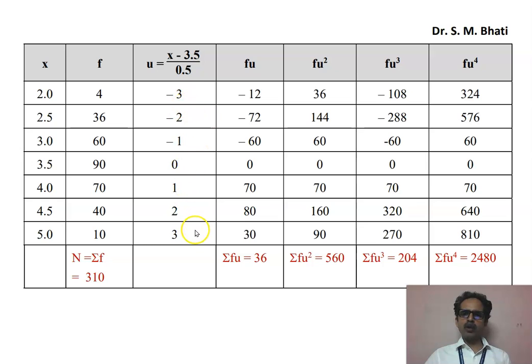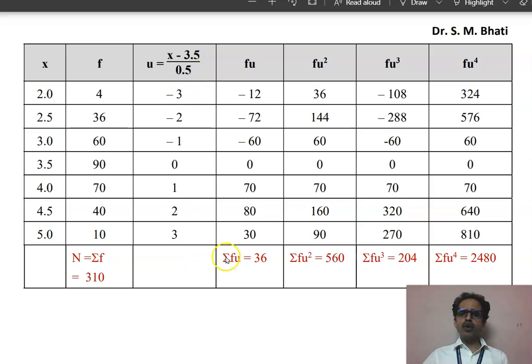You multiply the u square column with f and you will find this column. From u, you can calculate u cube and multiply u cube with frequency, and you can develop this column. Finally, from u, you calculate u raised to 4 and multiply that column with the frequency. You get the next column, and each time we get the columns.